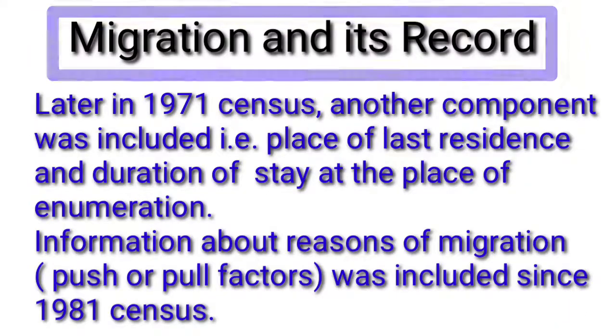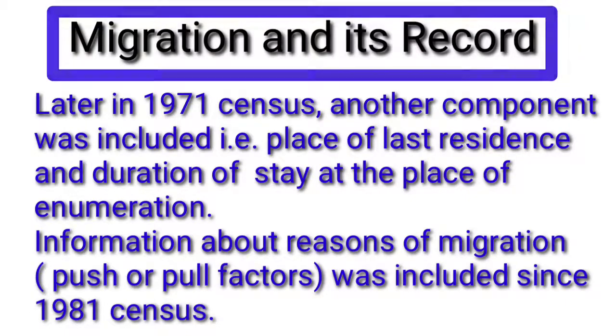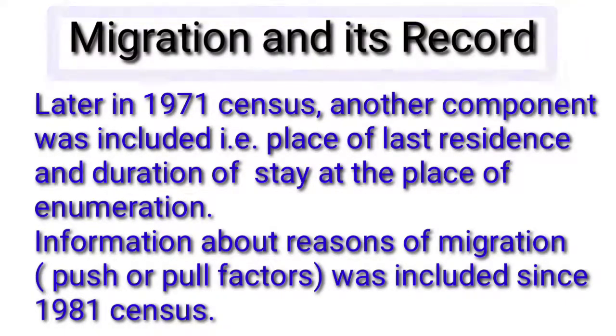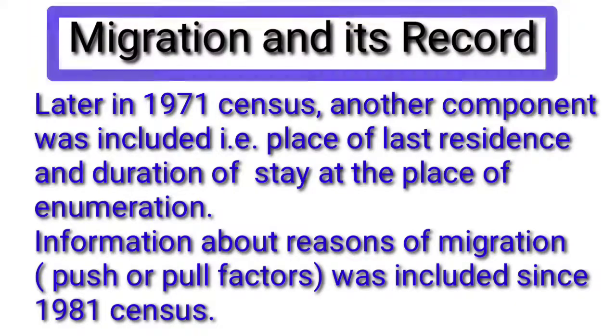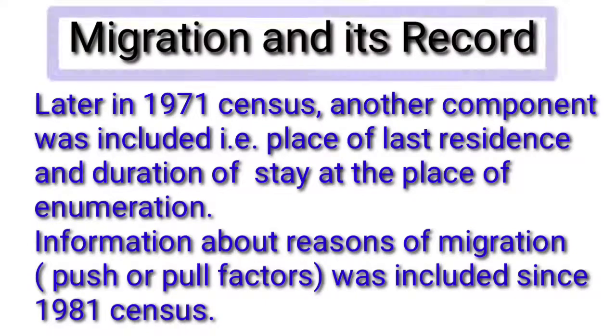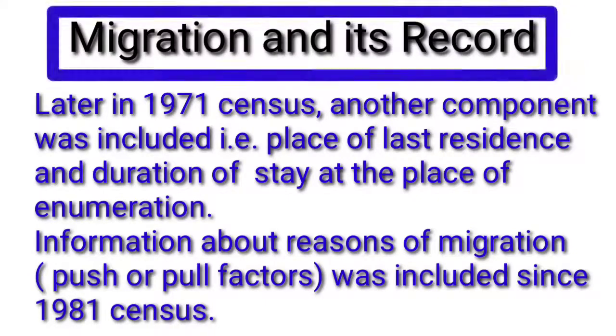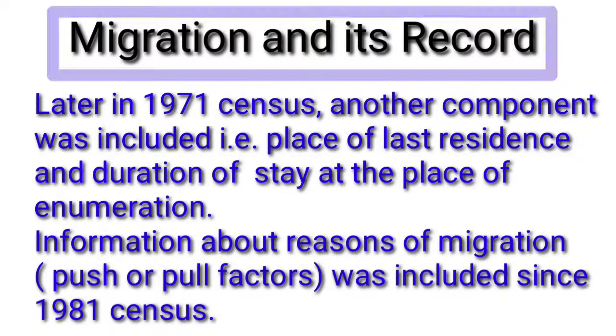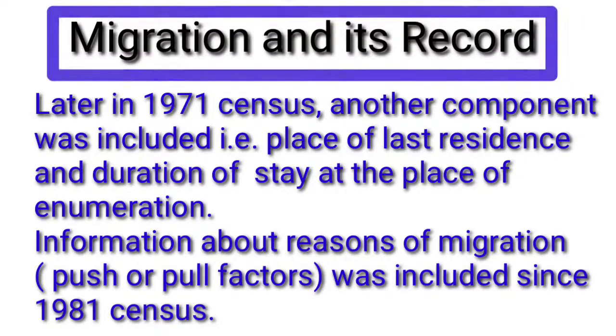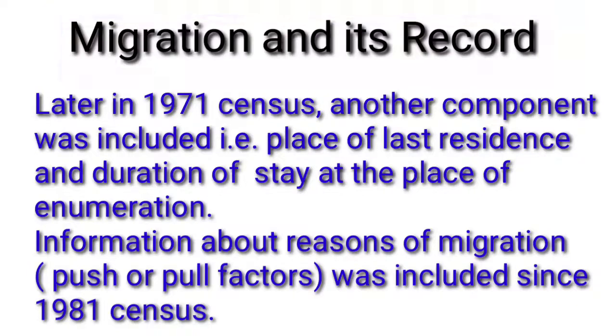Later in 1971 census, another component was included, that is place of last residence and duration of stay at the place of enumeration. Information about reasons of migration, that was push or pull factors, was included since 1981 census.